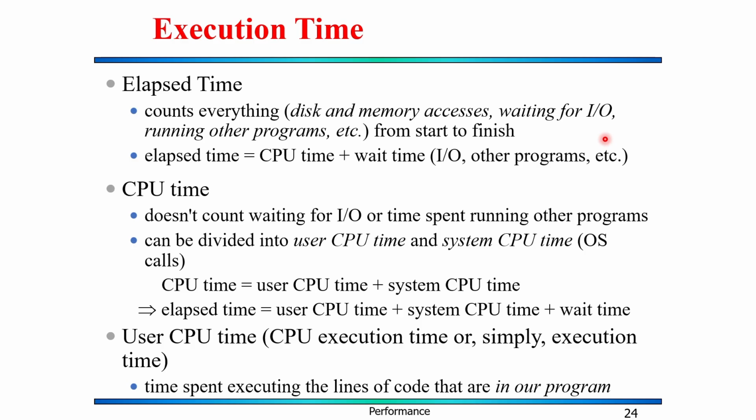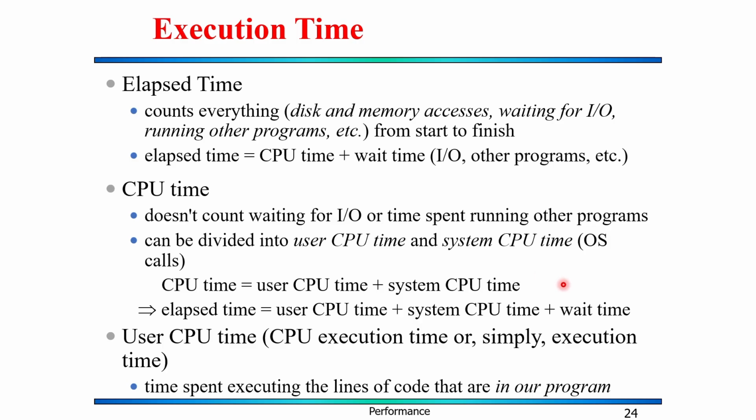Next, we have CPU time. This is the time the CPU spends actually working on your program. It does not count waiting for input and output or time spent running other programs. CPU time can be divided into two parts: user CPU time and system CPU time.